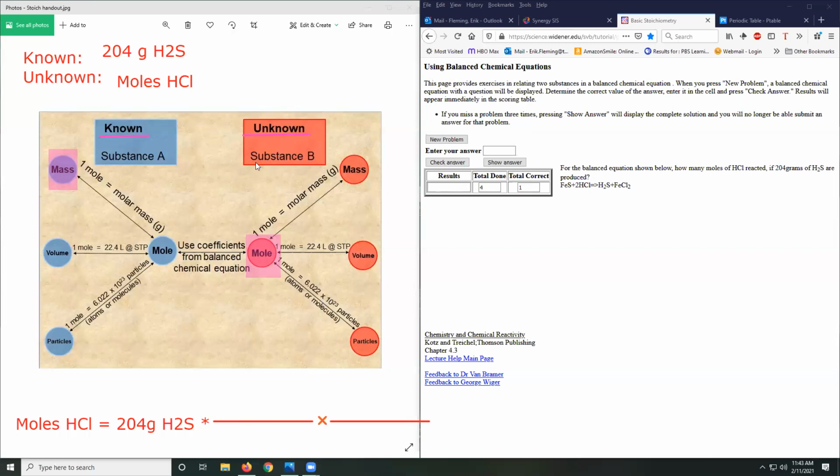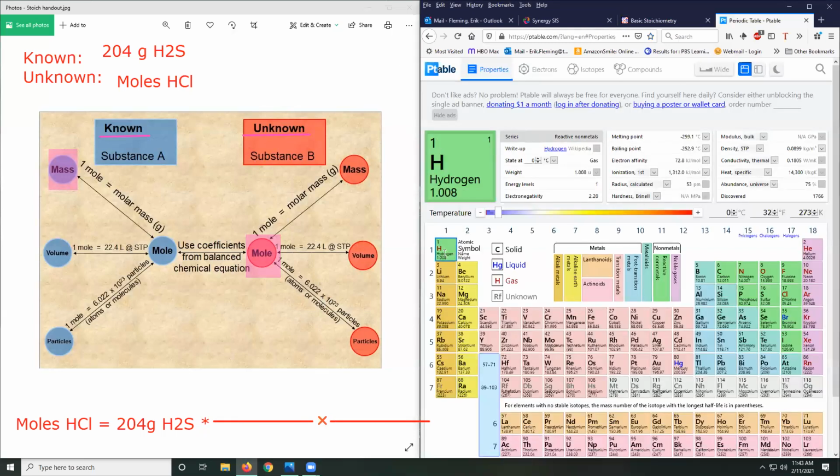Now I do have to do the molar mass of substance A, which is H2S. H I've done so many times, I just say 1.008 plus 1.008. And how much does sulfur weigh? 32.06.